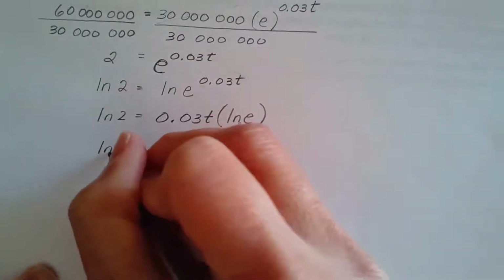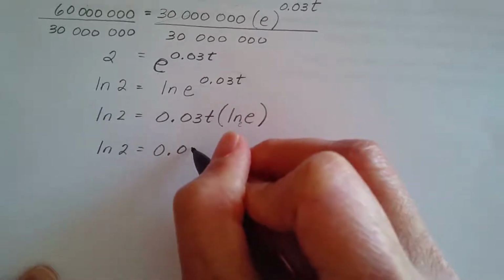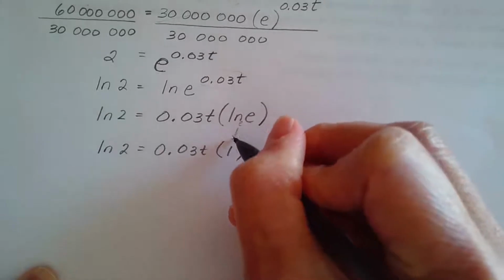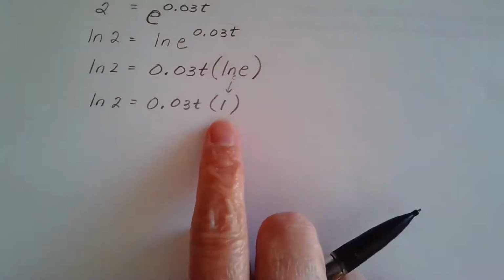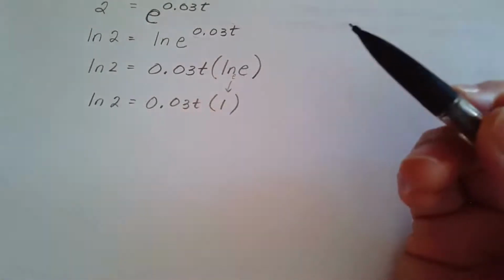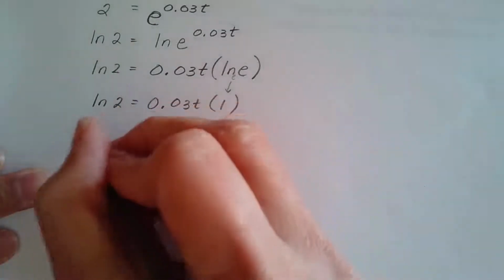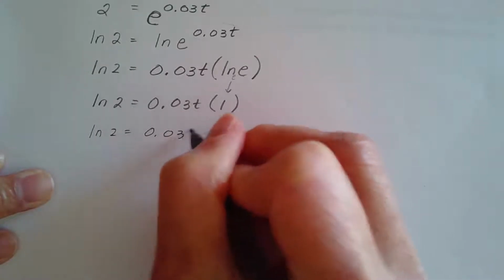So natural log of 2 equals 0.03t times 1. And that's a great thing about using natural log, because we know we will be getting a 1. So let's rewrite that. Natural log of 2 equals 0.03t.